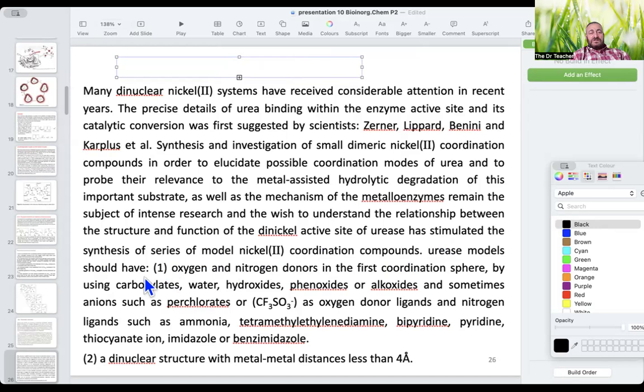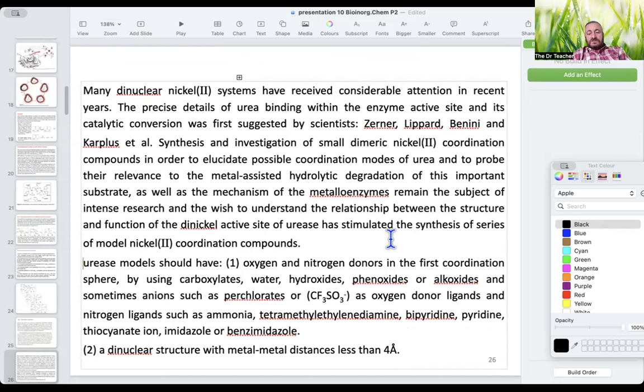So urease models, here is important, should have oxygen and nitrogen donors in the first coordination sphere using carboxylates, water, hydroxide, phenoxide, alkoxide, and sometimes an anion such as perchlorate, CF3SO3 minus as oxygen donor ligand, and nitrogen ligands such as ammonia, tetramethylene diamine, tetramethyl ethylene diamine, bipyridine, pyridine, thiocyanate ion, imidazole, or benzimidazole.